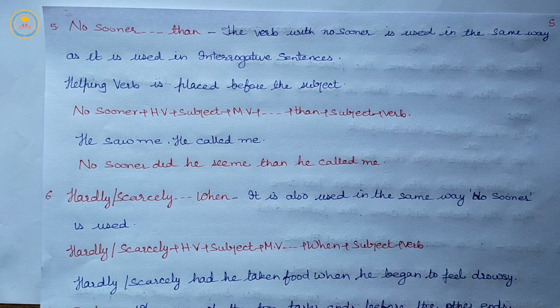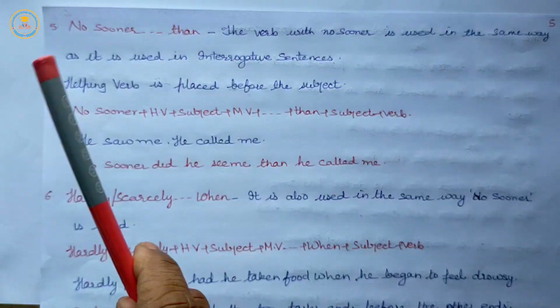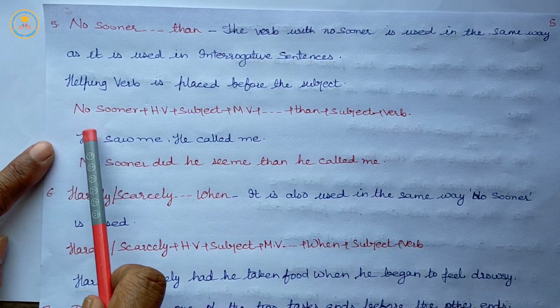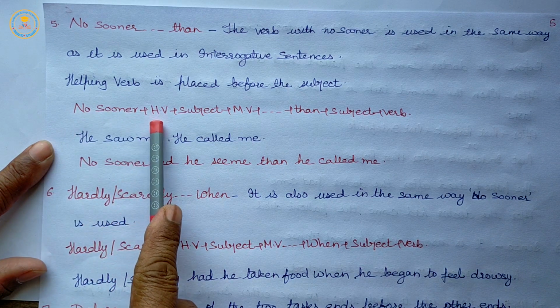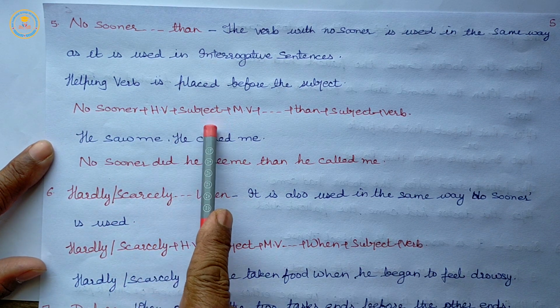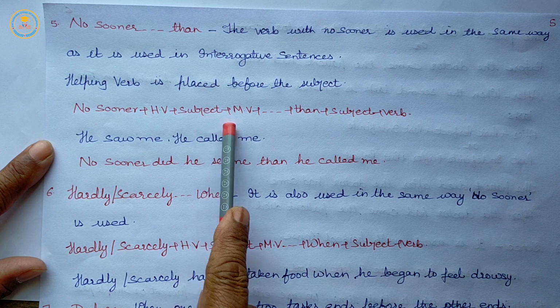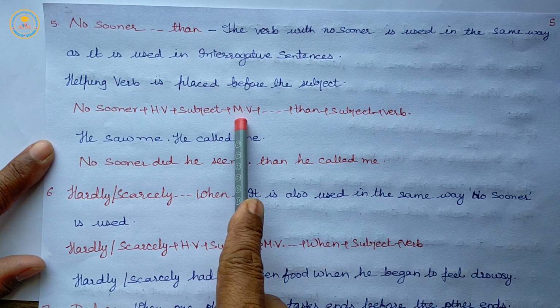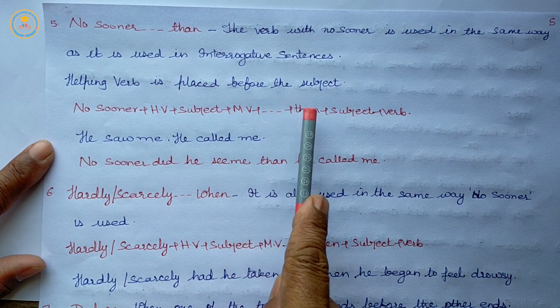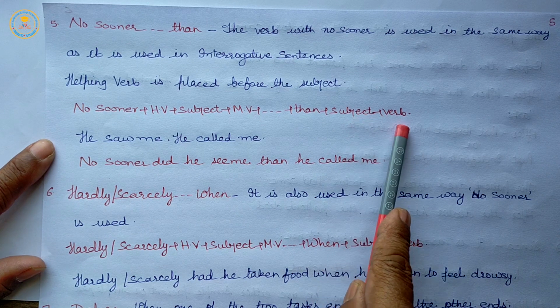Helping verb. Helping verb is placed before the subject. The pattern formation: no sooner plus helping verb plus subject plus main verb, rest of the sentence plus then plus subject plus verb.